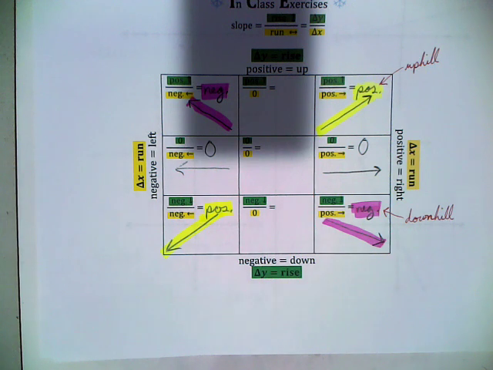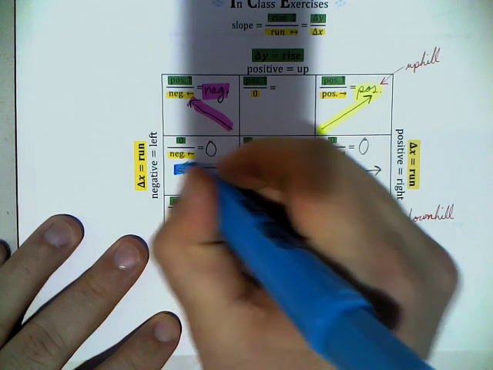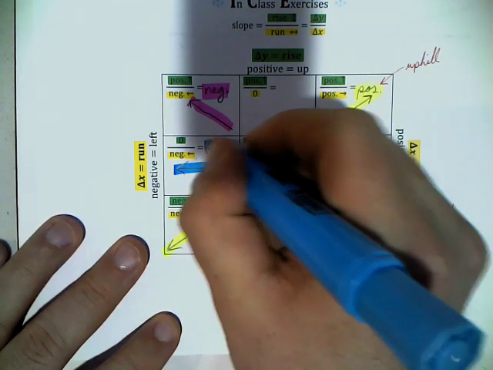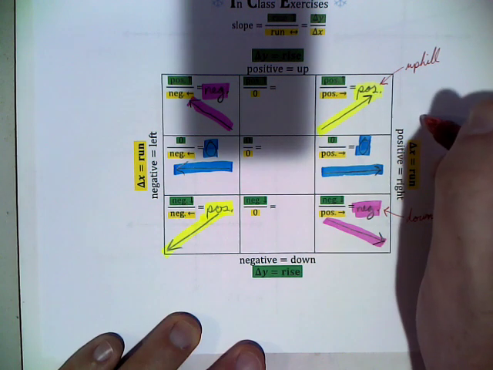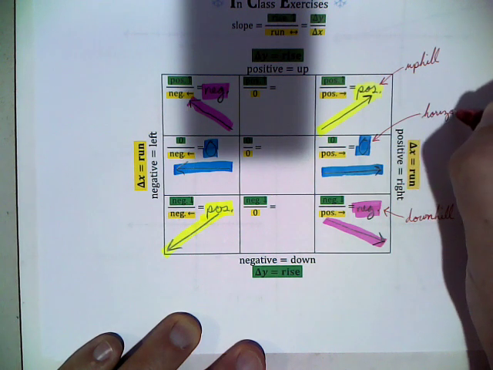For this one, if you'd grab your blue, please, we're going to highlight this one in blue. What does a slope of 0 mean for us? Well, it means that we're not going up or down at all. We're just going left and right. So a slope of 0 tells us that this line is horizontal.